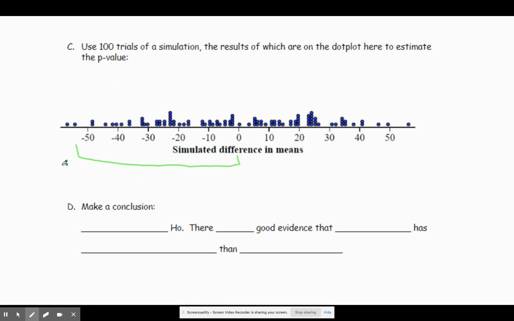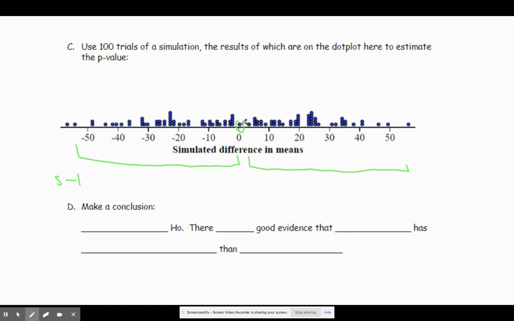And remember, we are doing the short putter minus the long putter. So short minus long, if that gives us something negative, what that tells us on this side of the graph is we actually had some simulations where the short putter performed better. Over here on the positive side of the graph are the situations where the long putter performed better.